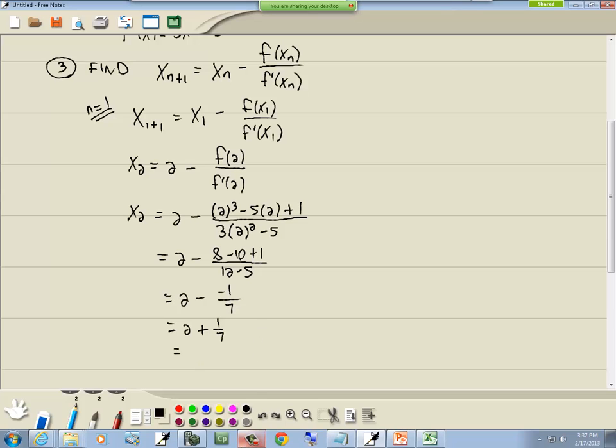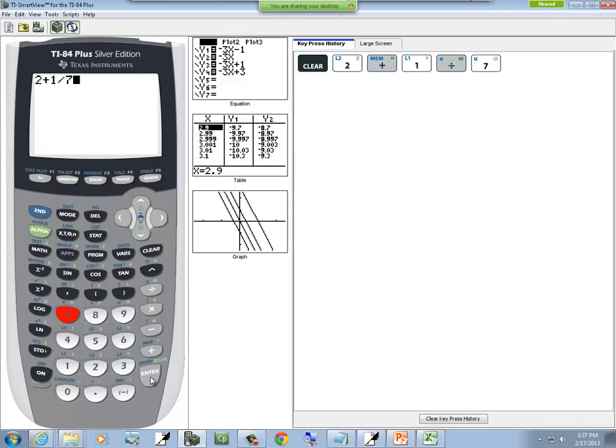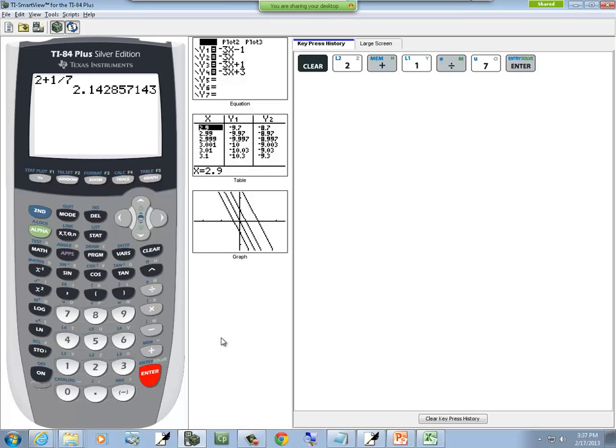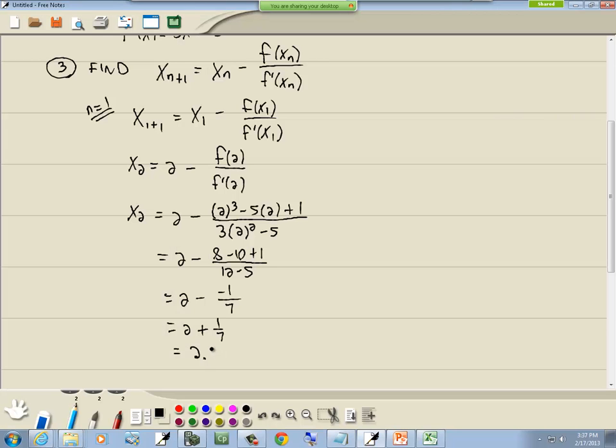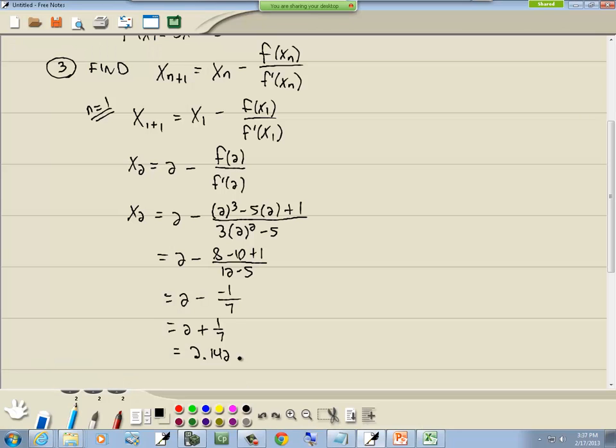Actually, I got it on the computer. So I got 2 plus 1 divided by 7, enter. And I'll take it out to, I don't know, 5 decimal places maybe. I forget what I did in class. 2.14286.